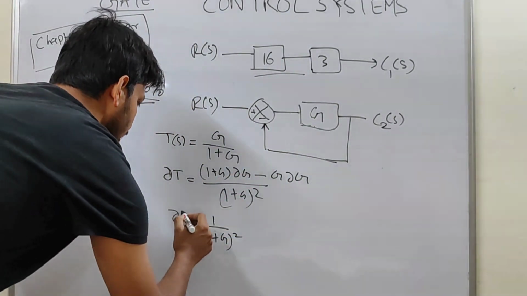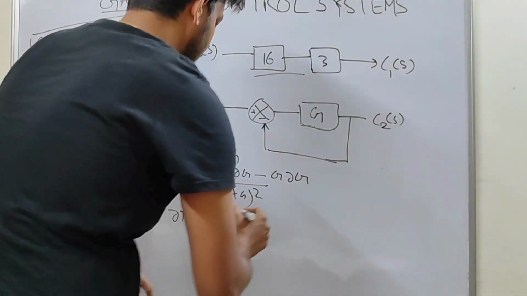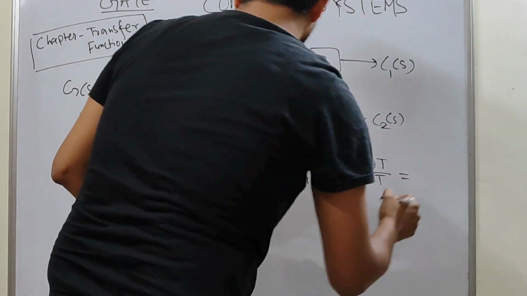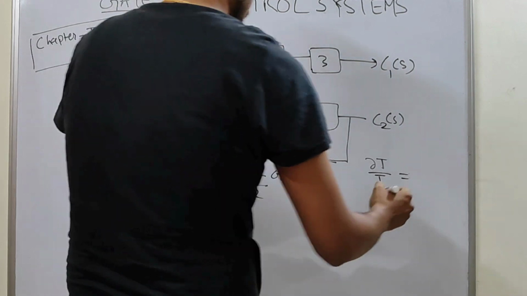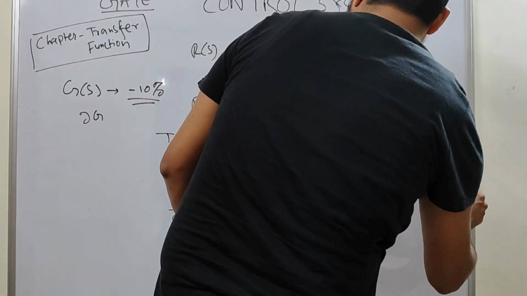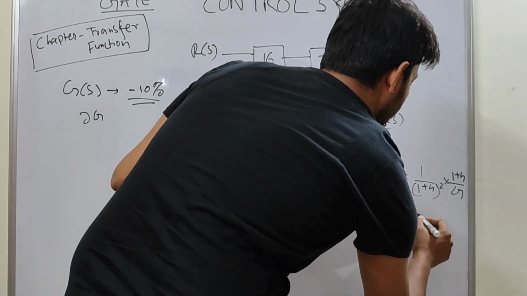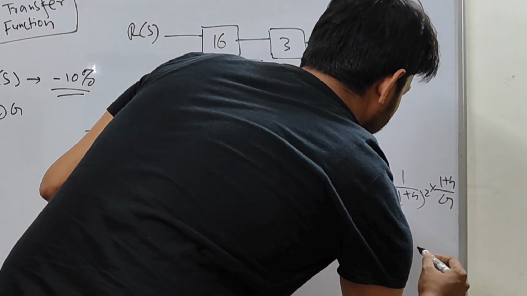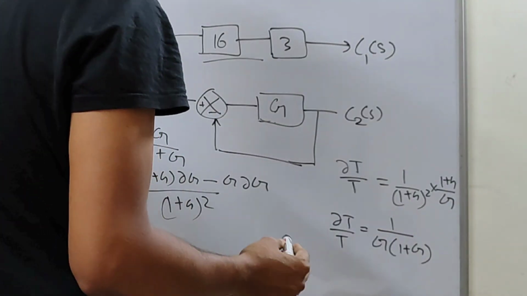So this is the delta T. Now we need to find the percentage change, right? So delta T by T we need to find. So delta T by T would be this guy divided by this guy. So it will be 1 by 1 plus G square, times 1 plus G by G. So this will be 1 by G into 1 plus G. Delta T by T is this.